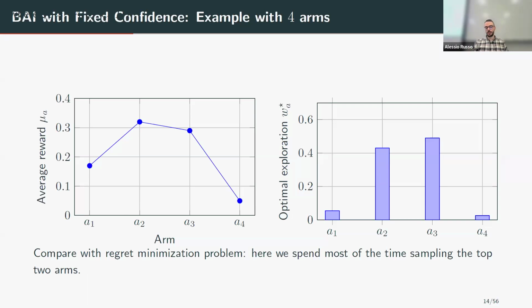This is usually the case in bandit problems without structure. It's quite common to see that the optimal exploration strategy will allocate more probability to the top two arms. But in problems with structure, this is not the case anymore, and you might have different patterns depending on the problem.